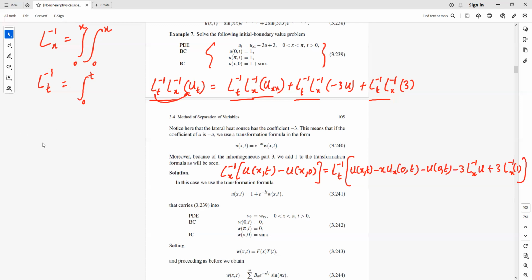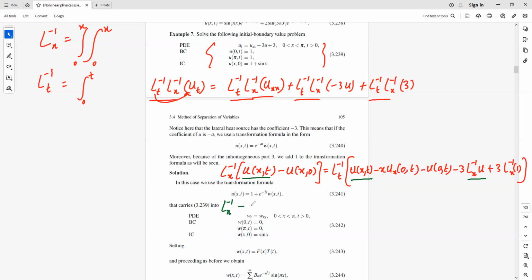Now we can see that we have the U(x,t) term here, here, and here, so we can combine all these on one side of the equation. Let us combine this on the left side.